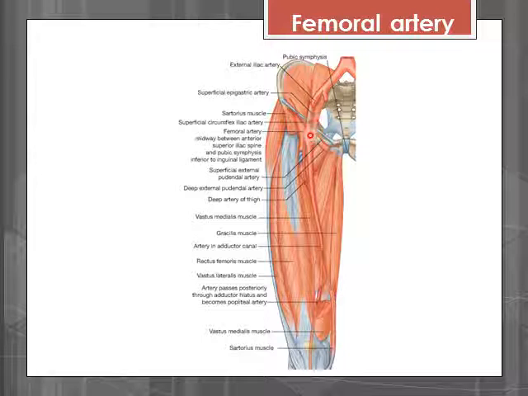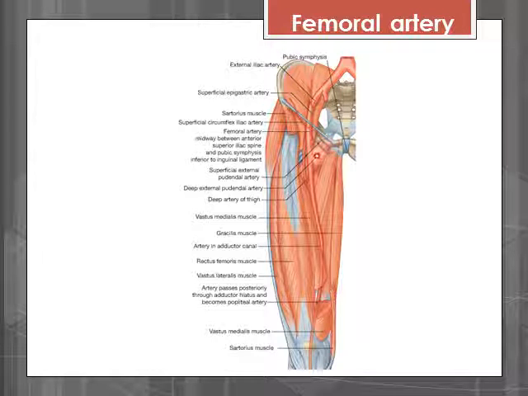The femoral artery gives off three superficial and three deep branches. The superficial branches include the superficial epigastric artery, which passes upward, the superficial circumflex iliac artery, which passes laterally, and the superficial external pudendal artery, which passes medially.